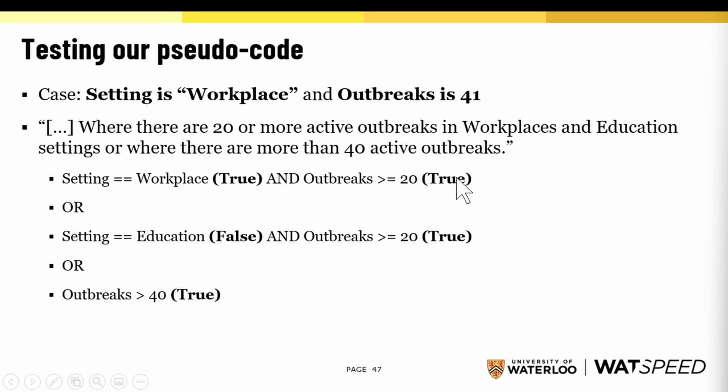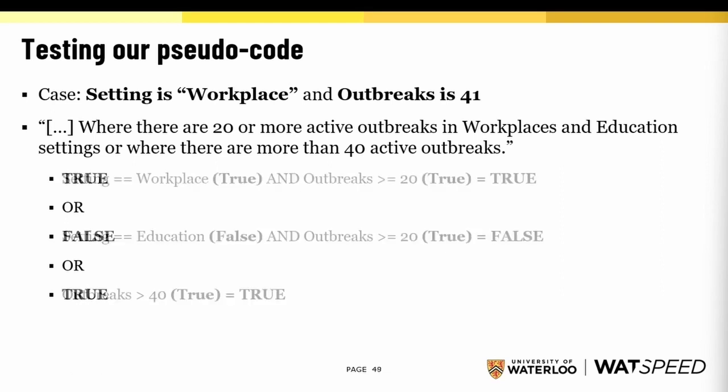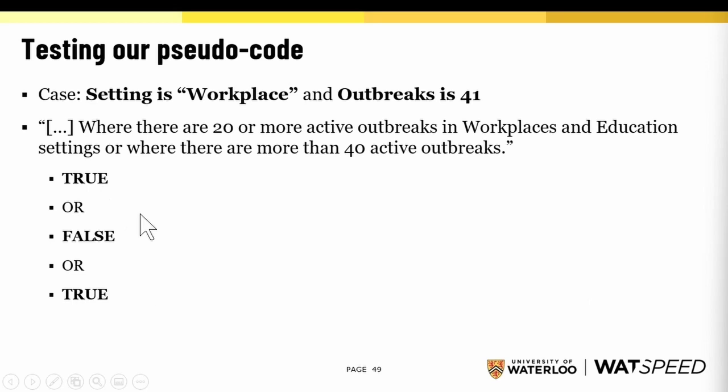Because our first condition of our or is true, we don't have to check the remaining conditions. Python's going to skip over that. It's going to see, oh, look at that, the first part of my or statement is true. I don't need to check the rest of these statements because true or anything is true. So the entire result works out to true or false or true, which evaluates to true.